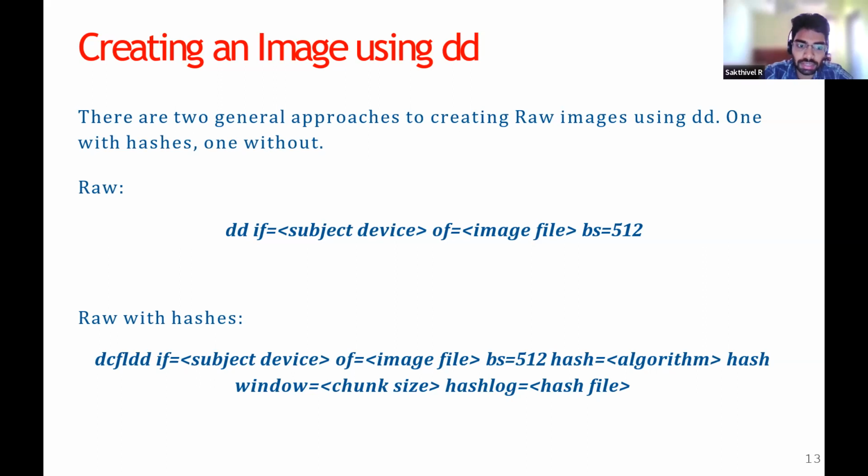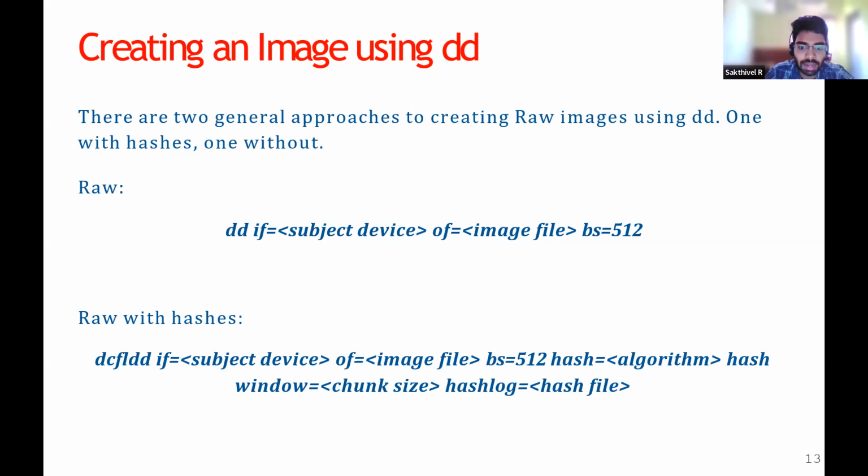A hash is a kind of algorithm that is used in order to securely acquire the image from the device. If we generate the hash for the particular image, we can make sure the image that is acquired is not being modified.